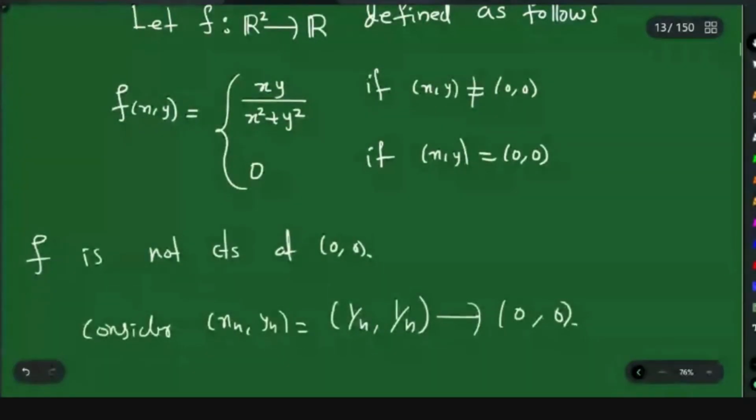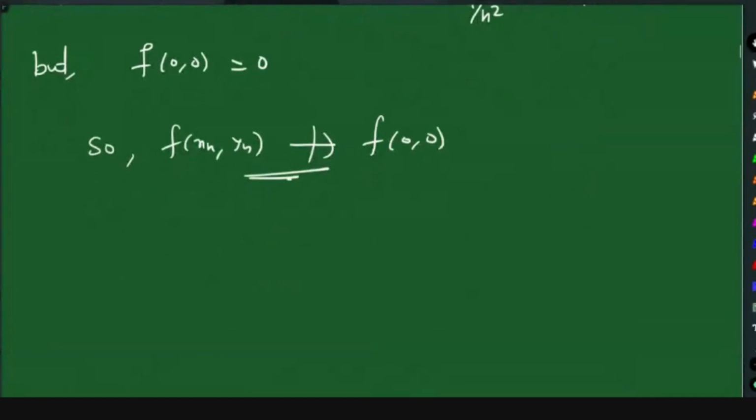To show this is not continuous, it is enough to produce one sequence which converges to (0,0) and show that f(xn, yn) is not converging to f(0,0). So for this sequence (1/n, 1/n), which is converging to (0,0), its image f(xn, yn) is going to 1/2 only, which is not equal to f(0,0). So the function is not continuous at (0,0).